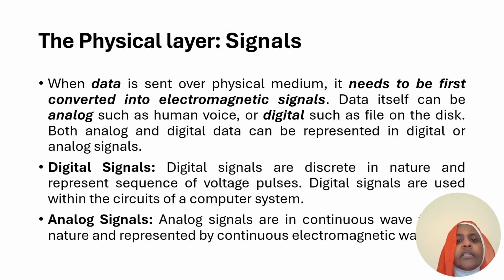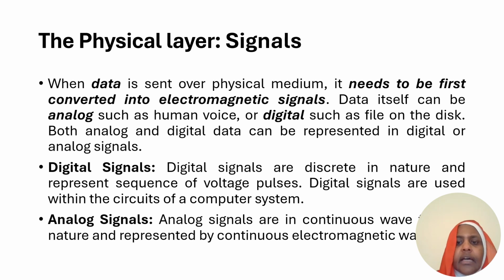When the data is sent over a physical medium, it needs to be converted into electromagnetic signals. The data itself can be analog, such as human voice, or digital, such as a file on the disk. Both analog and digital data can be represented in digital and analog signals.